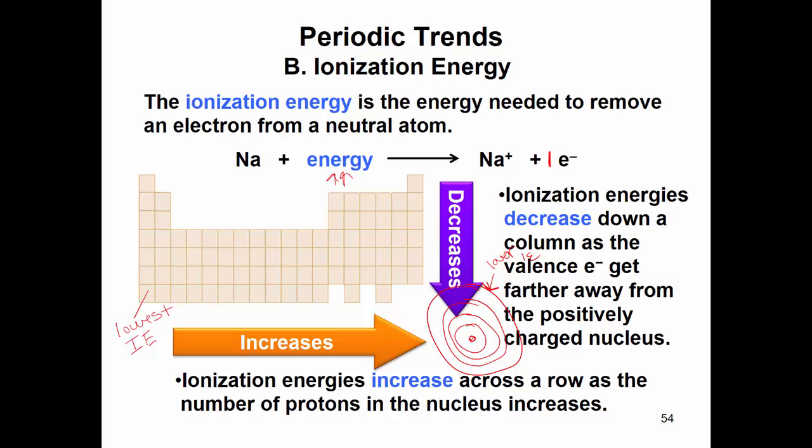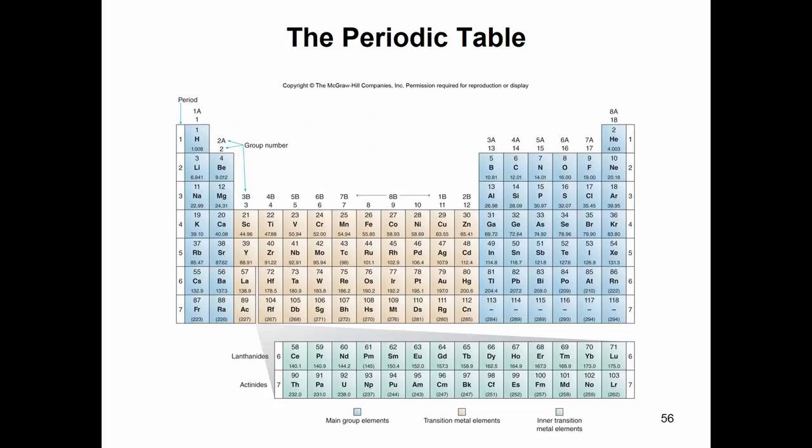It doesn't take as much energy to remove an electron. And then elements that are at the top to the right are going to have the highest ionization energies.